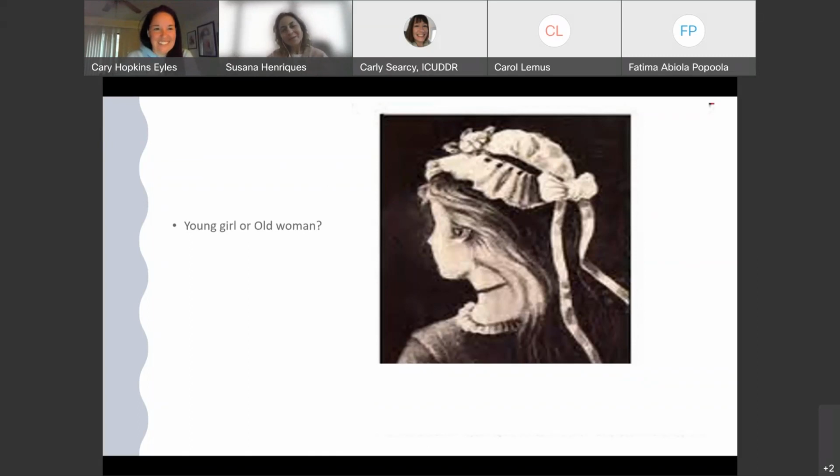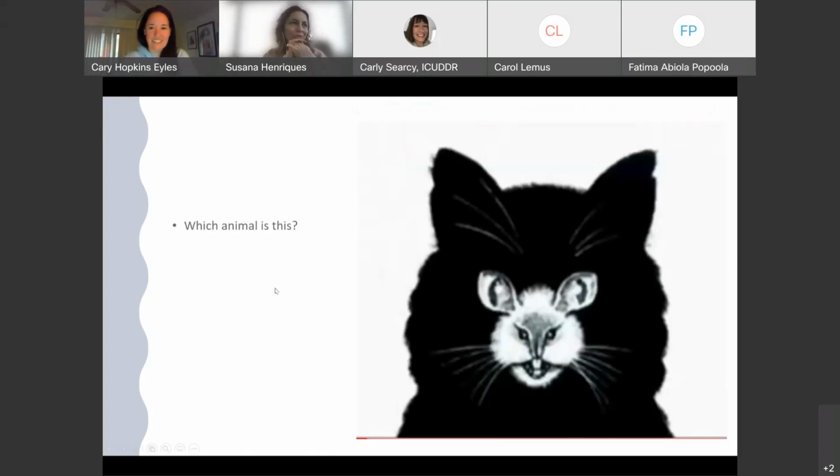So, well, the next image, I wonder what you see. Which animal is this? You can see both a cat and almost like a rat, or a squirrel, something like that, right? Oh, yes. Now I see the little one. Can you see both? Yes.